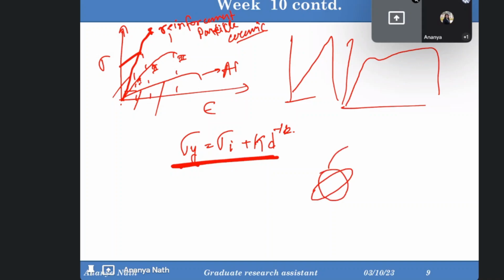So if this was the original, and this is the gap in between.